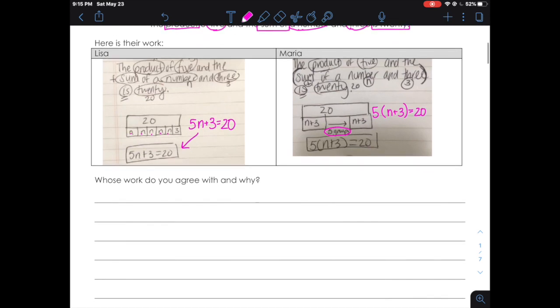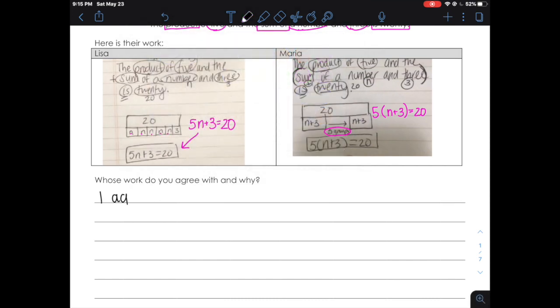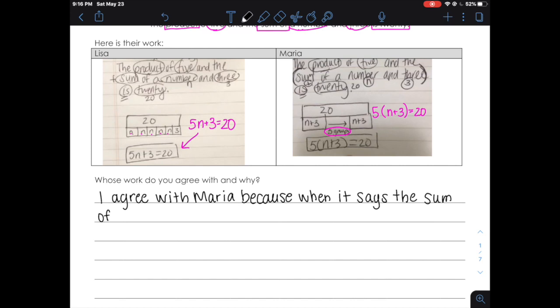So who did the work properly? I agree with Maria, because when it says the sum of a number and 3, I must use parentheses to guarantee the sum actually happens first.